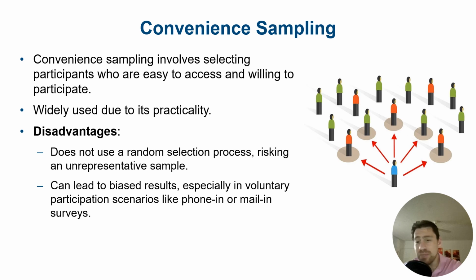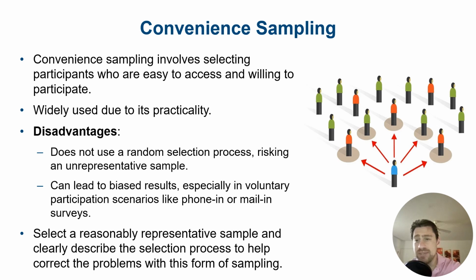And, people who volunteer may be different from people who don't volunteer. People who answer the phone, people who read and respond to mail-in surveys may be different than those who don't. And we will revisit this issue in the next chapter on validity.